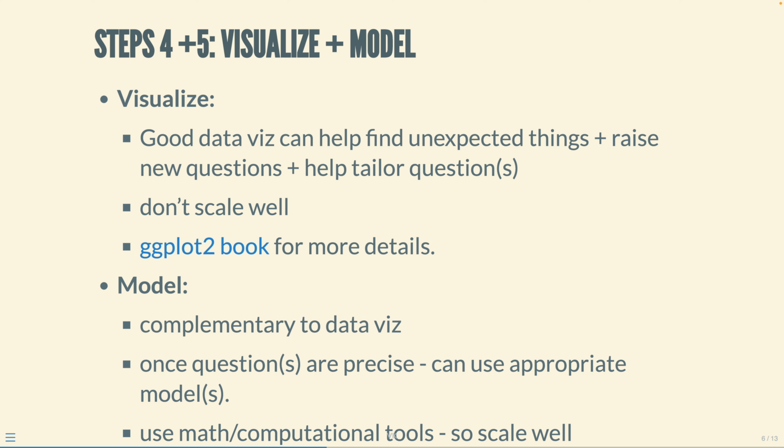Now, the advantage of modeling is that because it's using math and computational tools, it's very easy to scale that, right? You could have hundreds of observations, or you could have millions or billions of observations, or you could have a few hundred megabytes of data versus hundreds of gigabytes of data, right? Doesn't matter. It can scale really well, as long as you have tidied your data and you're trying to answer that question.